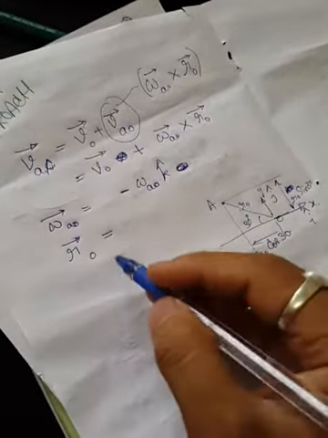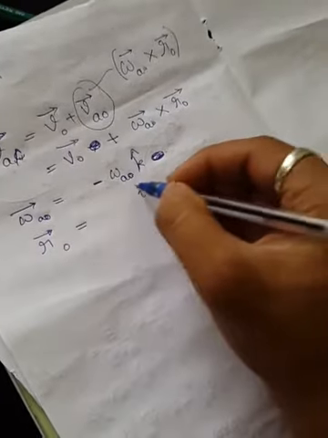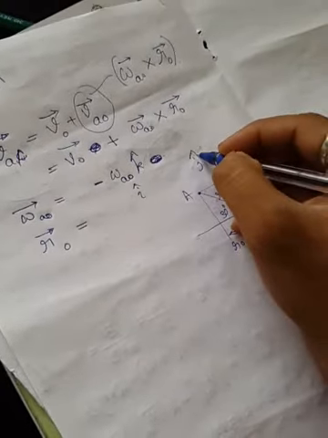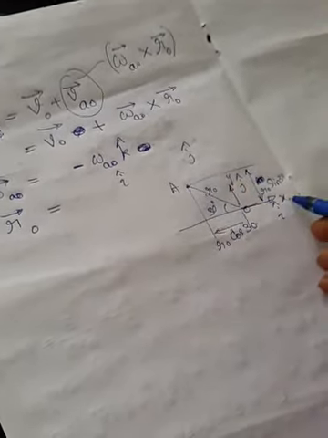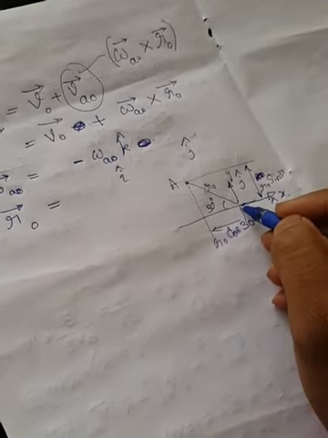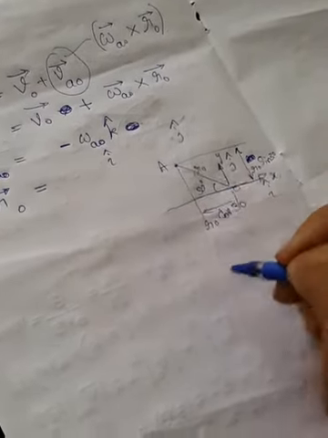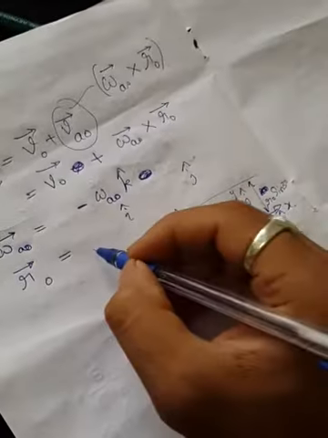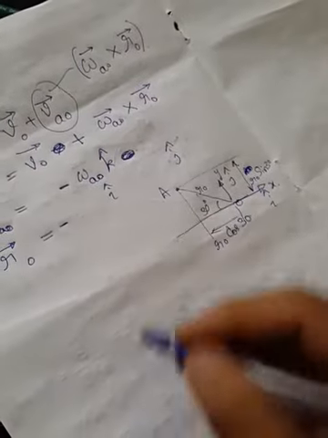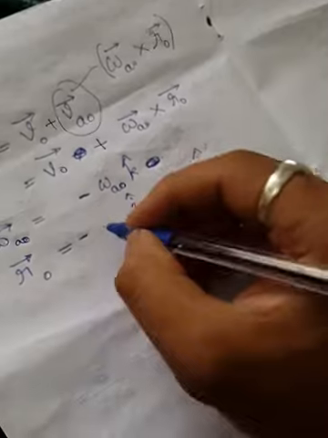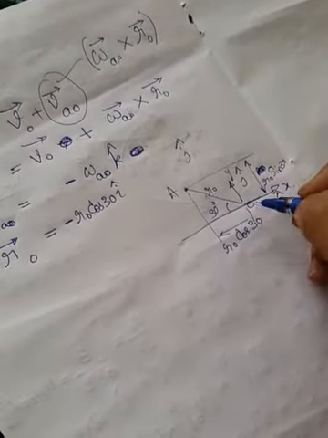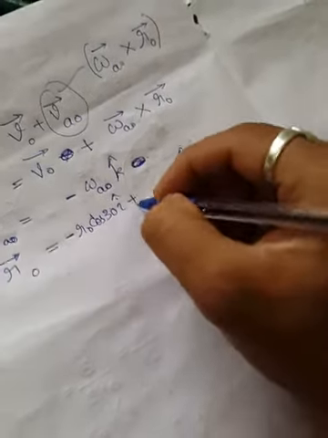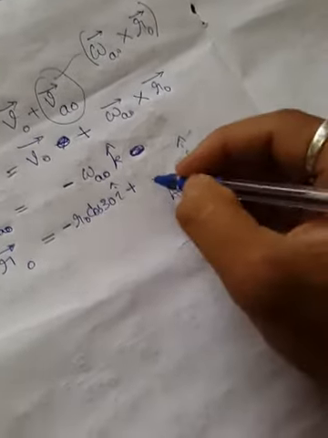Therefore R_O vector is expressed in terms of i cap and j cap. A is in the negative direction of the x-axis, so you have to go in the negative direction of the x-axis to reach A, with a magnitude of R_O cos 30, and A is in the positive direction of Y, plus R_O sin 30.